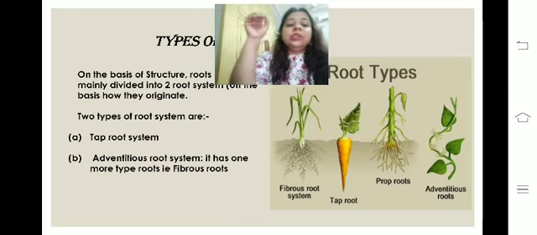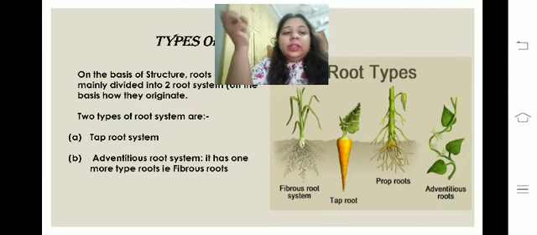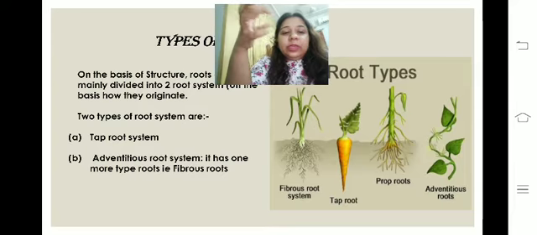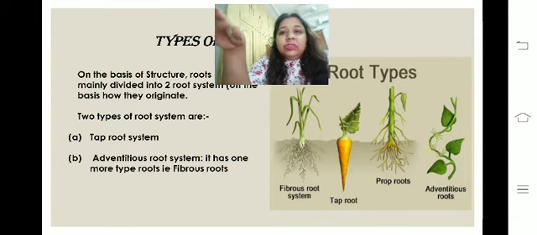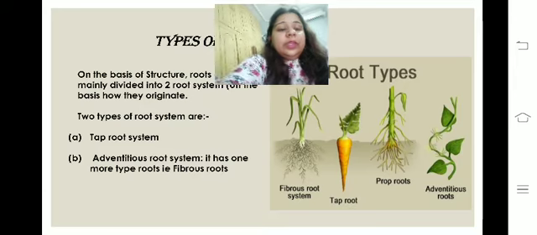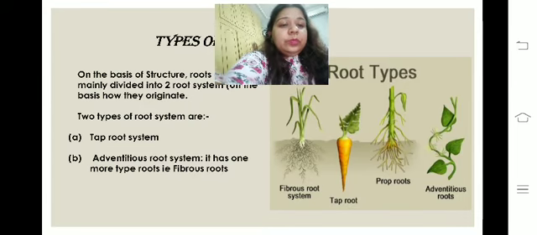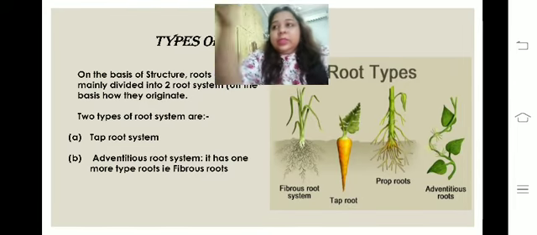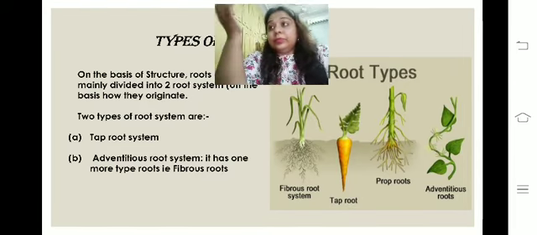It can originate from any other part of the plant. It can come from the branches, I mean, it can spread in the form of branches. It can develop from any part of the plant but not the radicle.